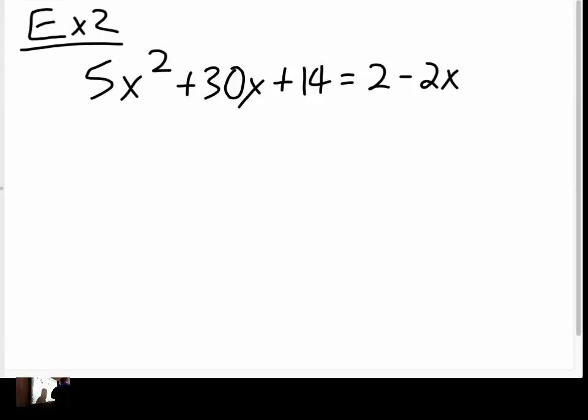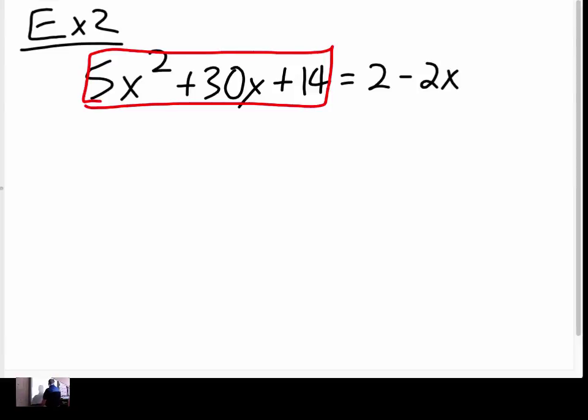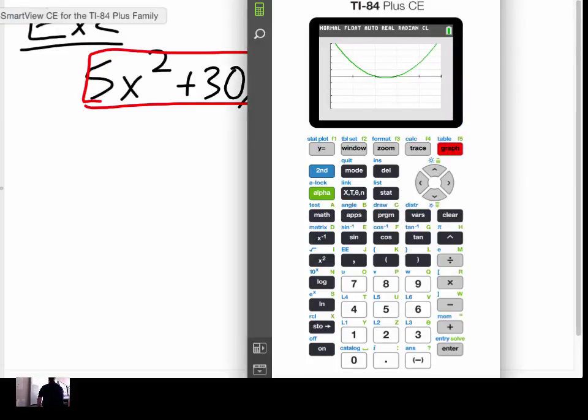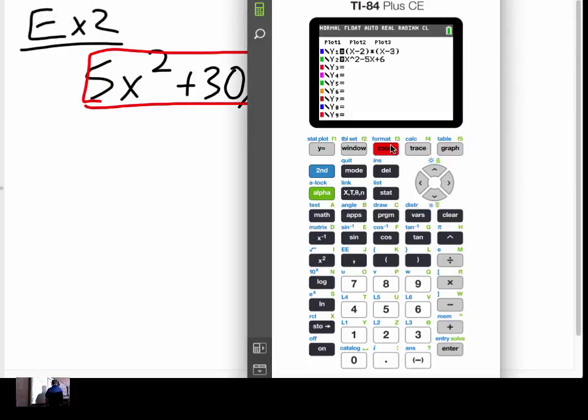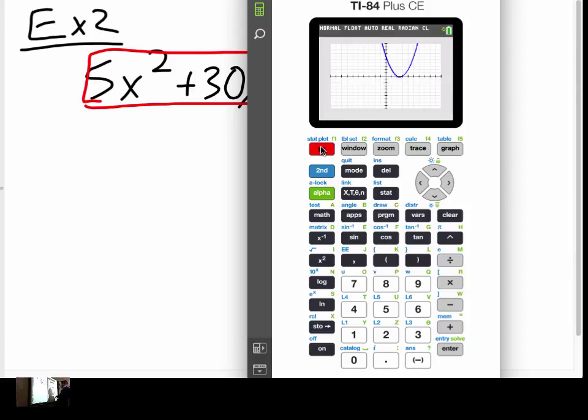The first one is I'm going to graph this side of the equal sign, and then I'm going to graph this side of the equal sign. So let's do that first. I'm going to do the left-hand side first.